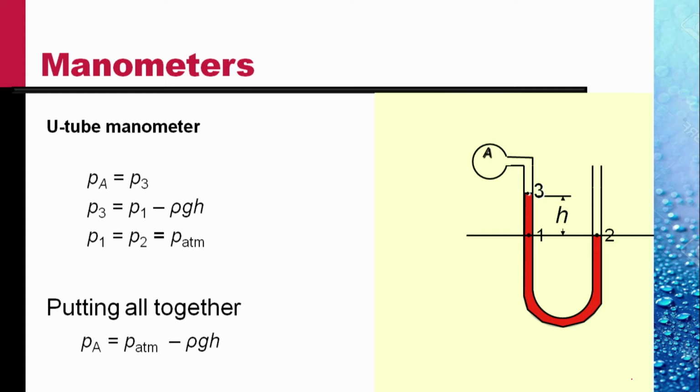Putting it all together, PA is equal to P atmosphere minus rho g h. The pressure of the gas inside the bulb is lower than the atmospheric pressure by an amount rho g h, where rho is the density of the manometric fluid in the tubes.